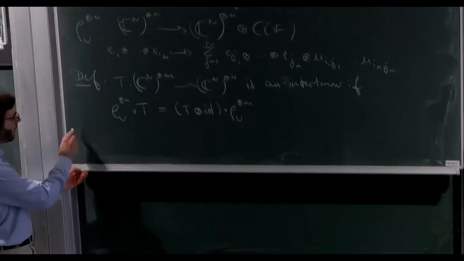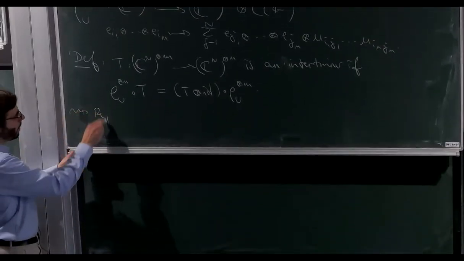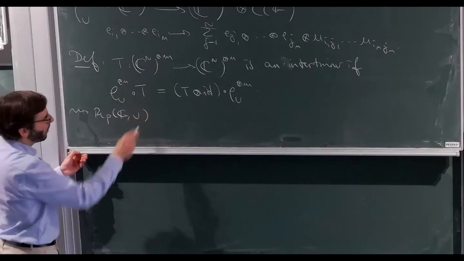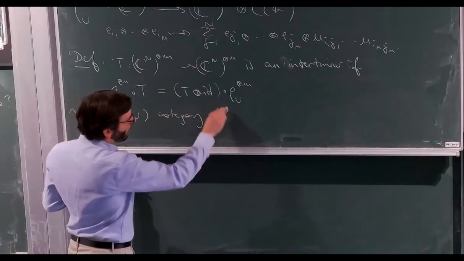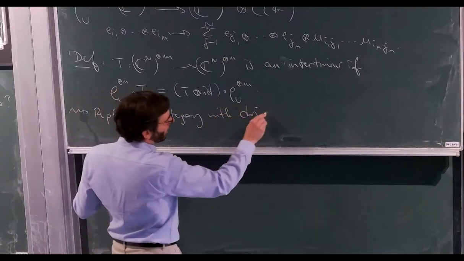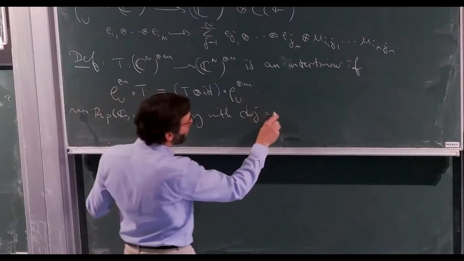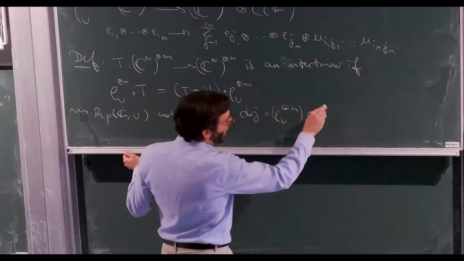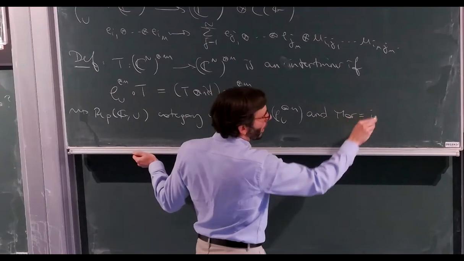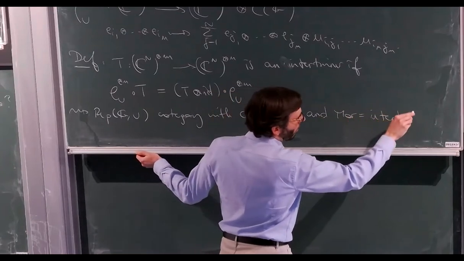So this leads us to the definition of something that I will denote by Rep of G_U. That's a category with objects the rho_U tensor n, and morphisms being the intertwiners.